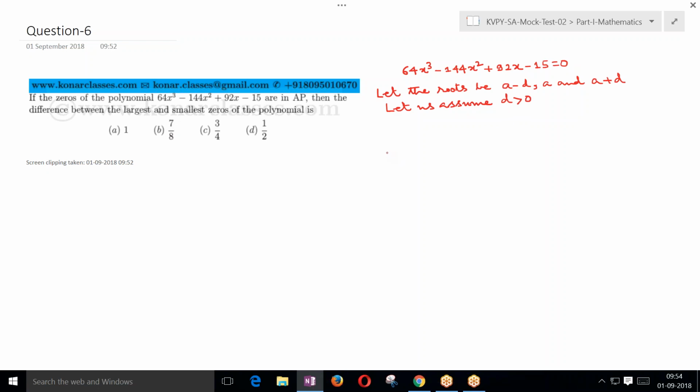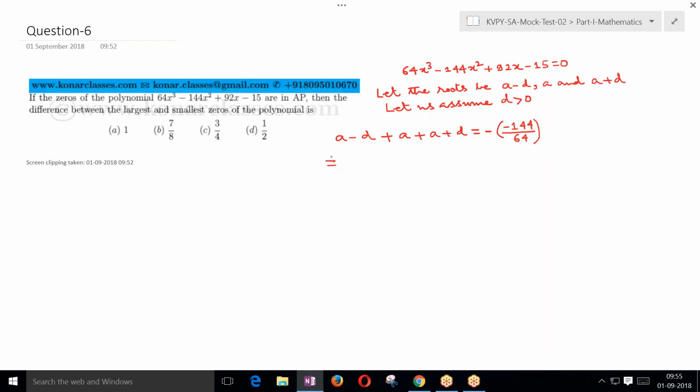Now by means of the relationship between the roots and coefficients, a minus d plus a plus a plus d is equal to minus of minus 144 divided by 64.